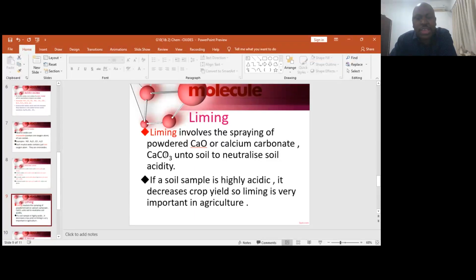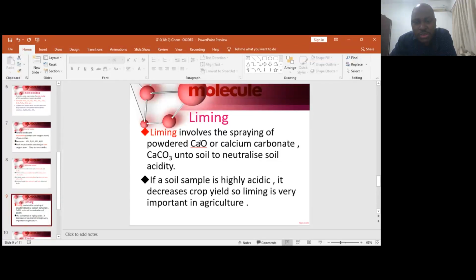I repeat, yes, we use powdered calcium oxide and powdered calcium carbonate for liming, but calcium carbonate is more effective because it is insoluble in water. So even if you add excess of it onto the soil, it will neutralize the acid, but it will not cause the soil to become more alkaline or more basic.